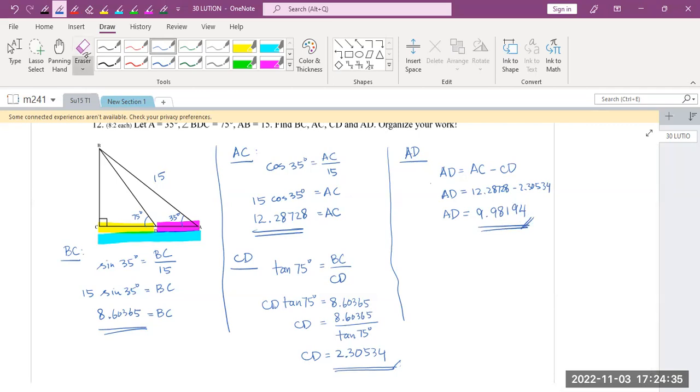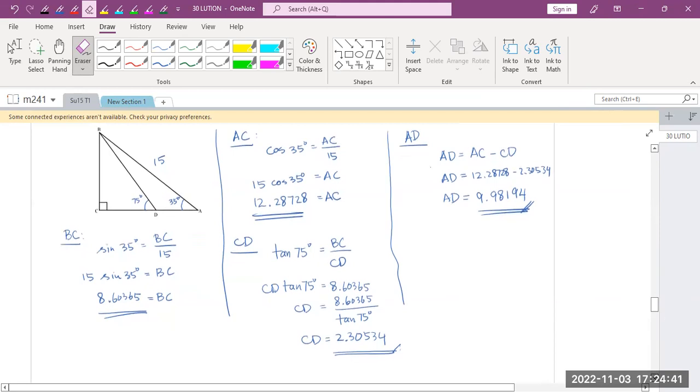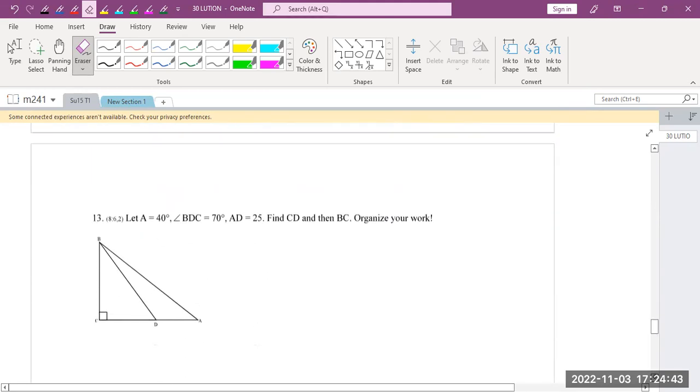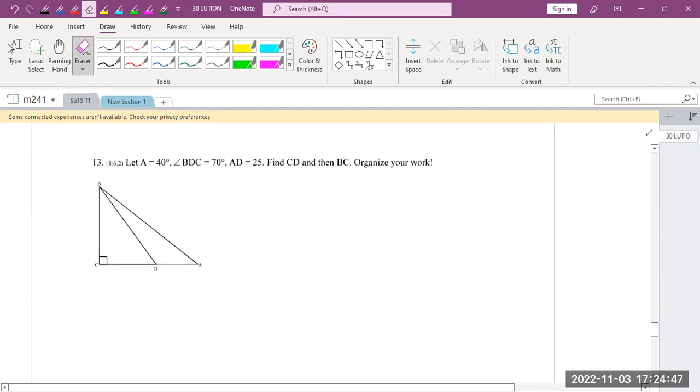Okay. Let's go on to the next page. Number 13. Oh, similar one. Here, angle A is 40 degrees. BDC is 70 degrees.